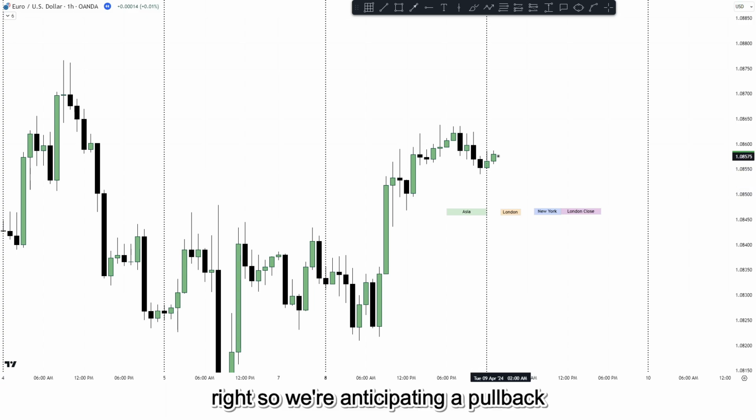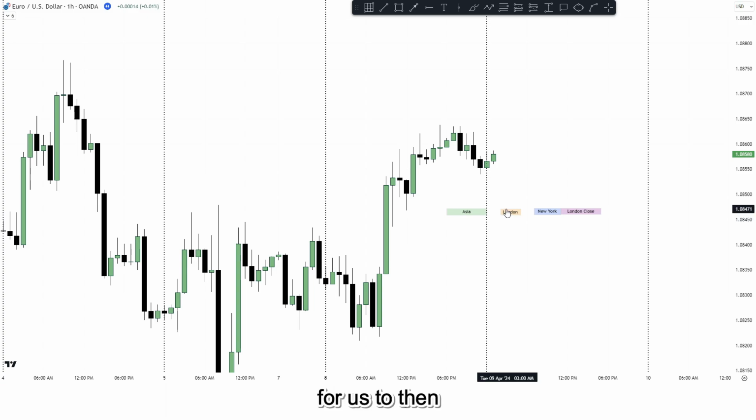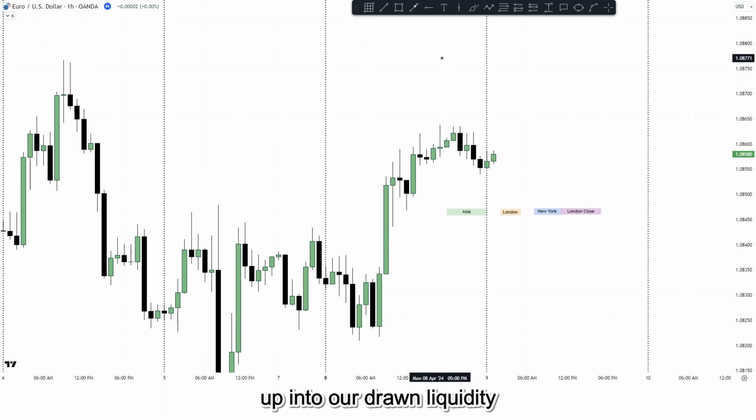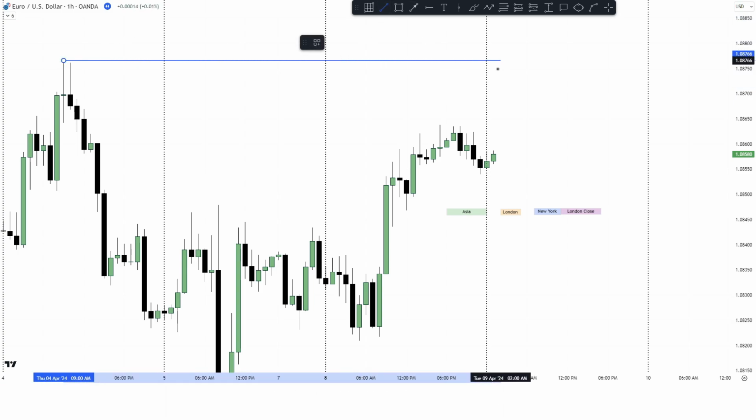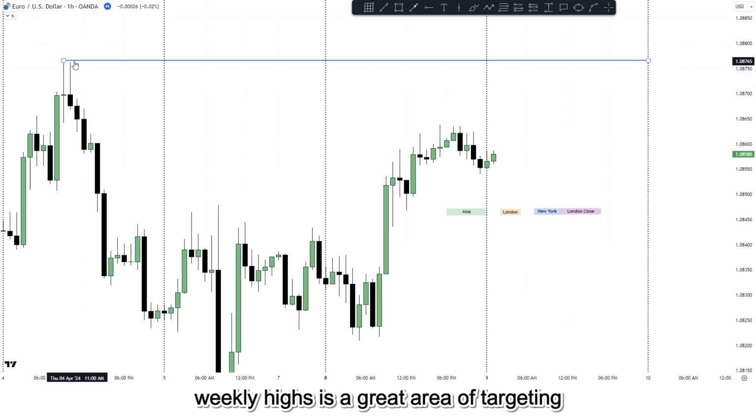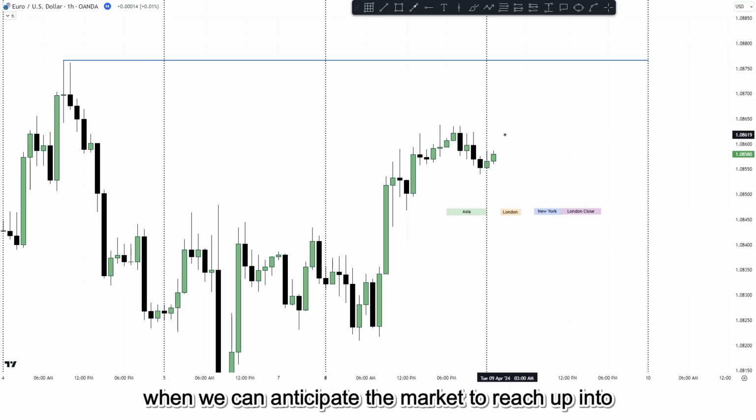So we're anticipating a pullback during London session to create that low for us to then seek higher prices during New York and eventually London close until we can reach up into our draw on liquidity. So our draw on liquidity is these highs. This buy side liquidity, or these prior weekly highs, is a great area of targeting when we can anticipate the market to reach up into.